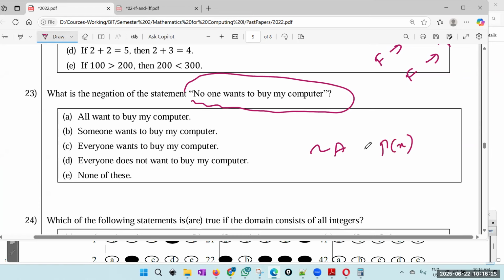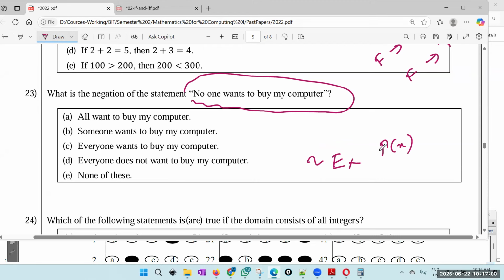No one wants to buy my computer means not exist x, P(x). No one wants to buy my computer, so none exists which satisfies P(x).